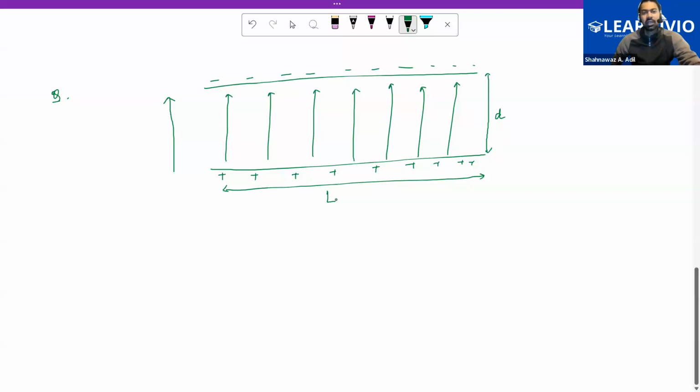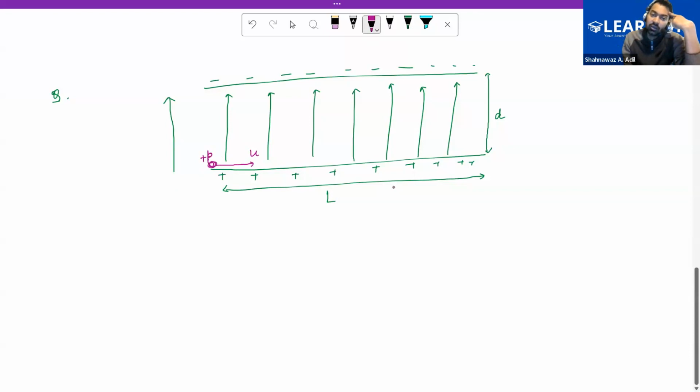Now, there are two particles which are given the same velocity. Let's say that one is a proton. The proton is here, and it is given some velocity u.